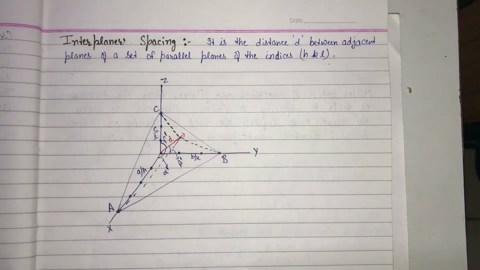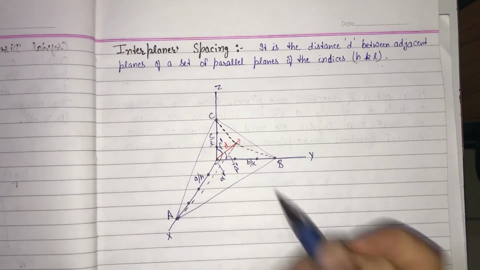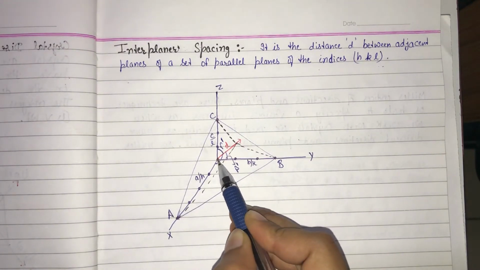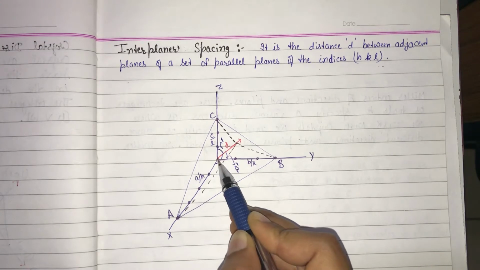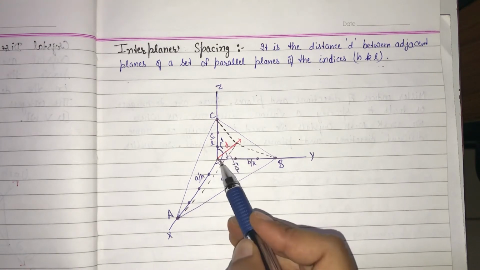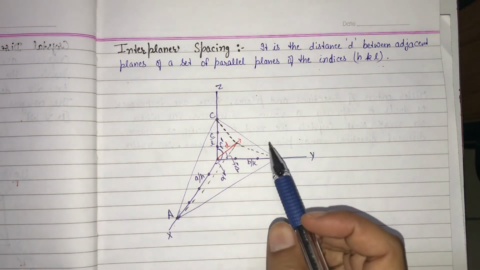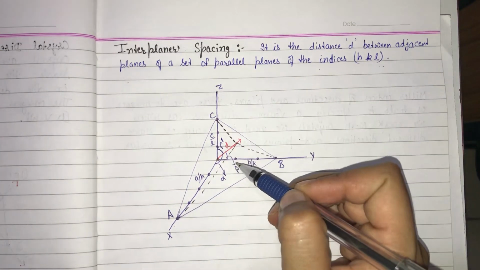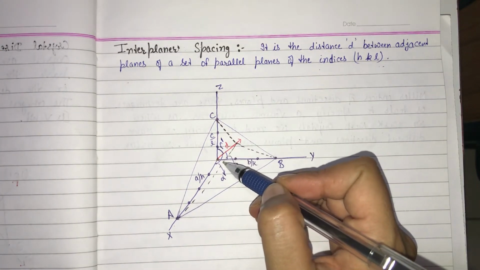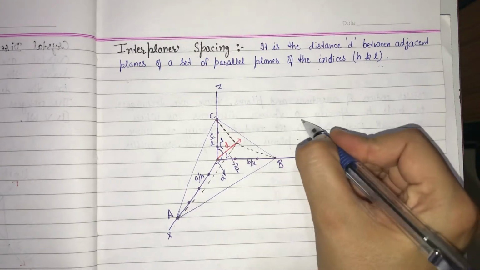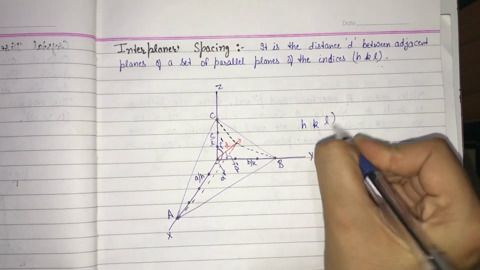In 2 dimensions you can see I have chosen this lattice point as the origin, and I have chosen coordinate axes such that x is along the a vector direction, y is along the b vector direction and z is along the c vector direction. Now mark a family of planes which have Miller indices h, k and l.